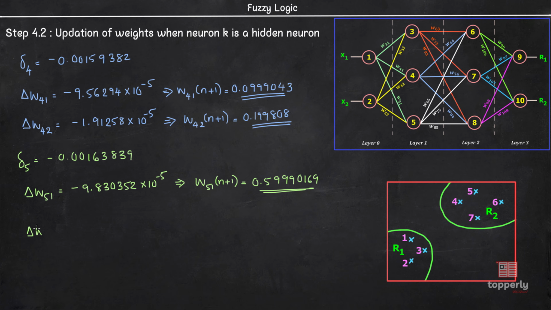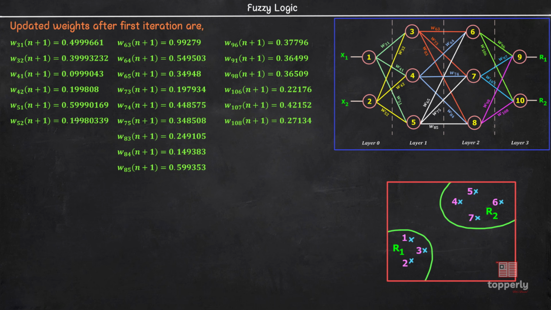Similarly, delta W52 of n is equal to minus 1.96607 into 10 raised to minus 4, or W52 of n plus 1 equal to 0.19980339. So the updated weights after first iteration are these.